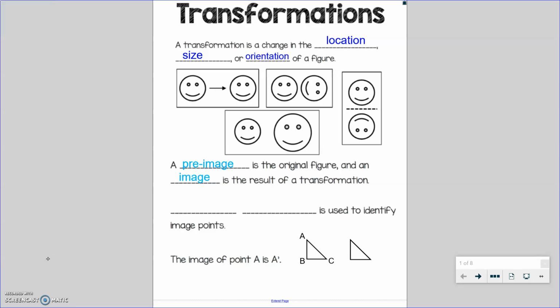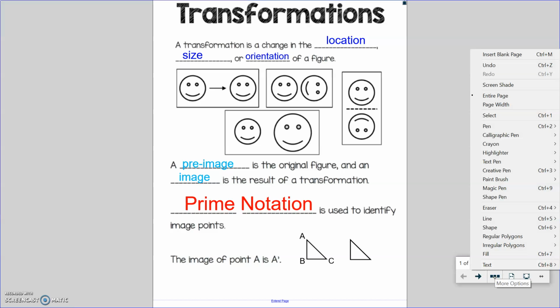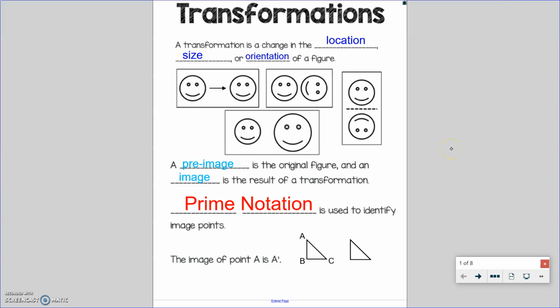There is a way that we can identify what our original and new images are. The way we identify the pre-image and the image is by using prime notation. Prime notation is used to identify image points. So to identify your new figure, the image point of A is A prime.